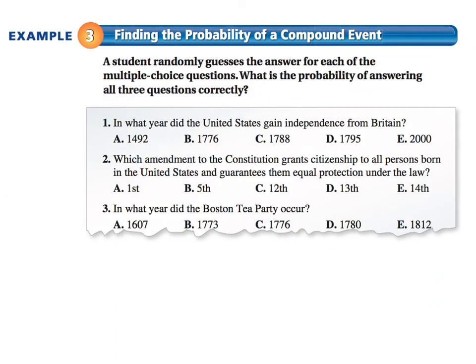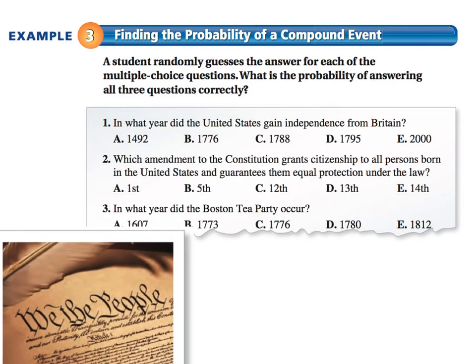So let's look at our last example, finding the probability of a compound event. So you're taking a test. This test is on, let's say it's history, and a student, or you, randomly guess the answer for each of the following multiple choice questions. What is the probability of answering all 3 questions correctly?